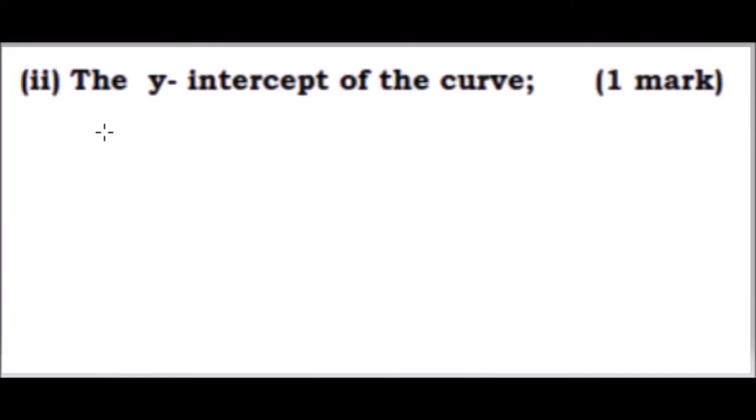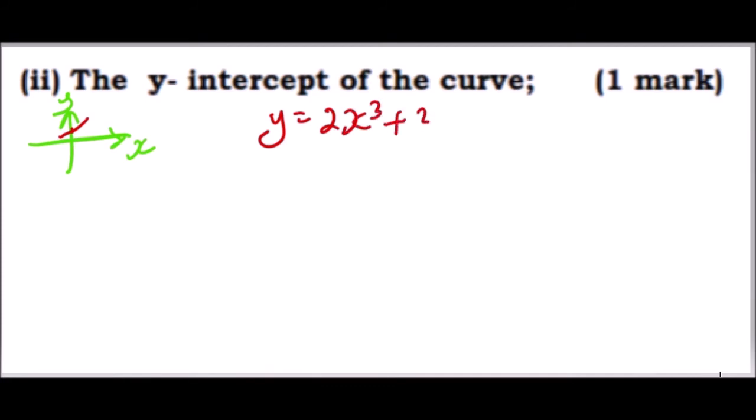By doing that you get 2 marks. In Roman numeral 2, we are told to find the y-intercept. The y-intercept is where the graph cuts the y-axis, and at that point x equals 0. Our function was y equals 2x cubed plus 3x squared.